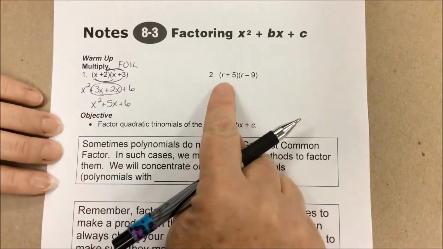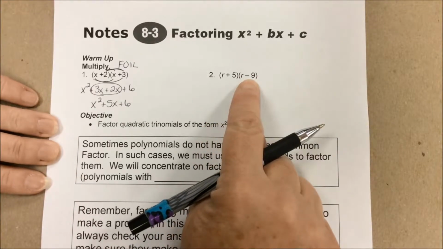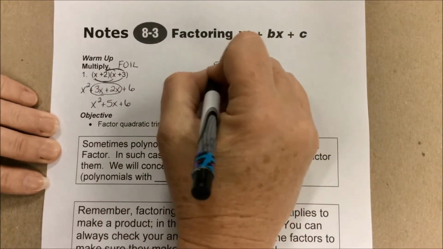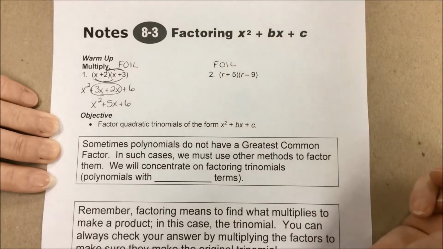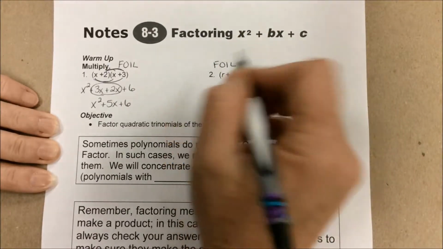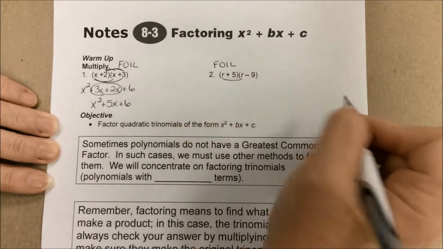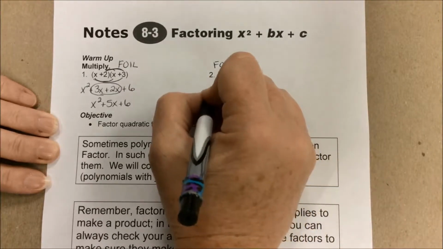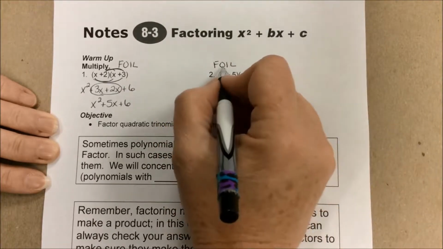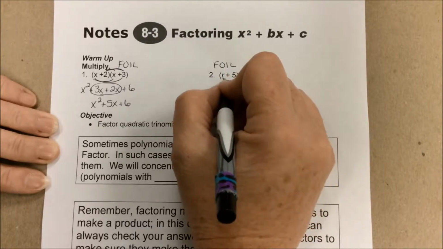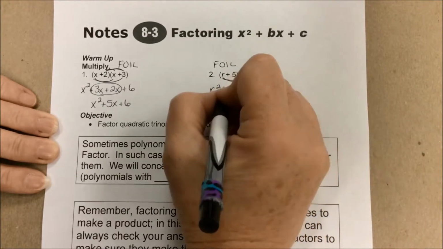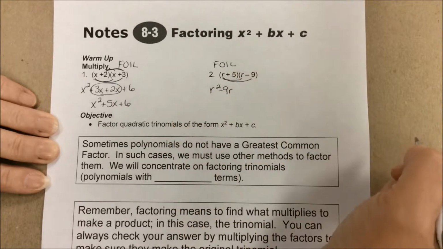Number 2 is r plus 5 times r minus 9. We're going to use that same FOIL acronym to help us remember what order to do things in. F stands for the first terms. We're going to multiply the r times the r, and we get r squared. O stands for outside. R times negative 9 would be negative 9r.